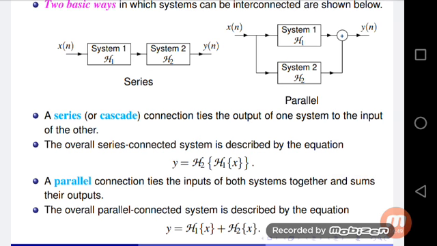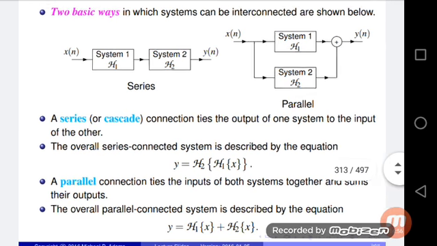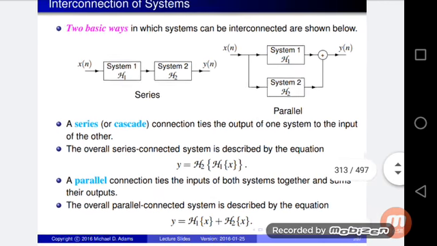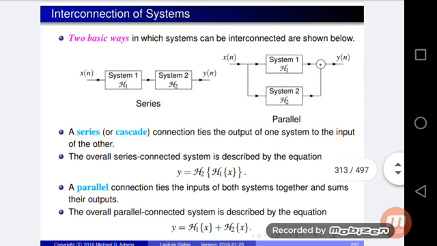A parallel connection ties the inputs of both systems together and sums their outputs.